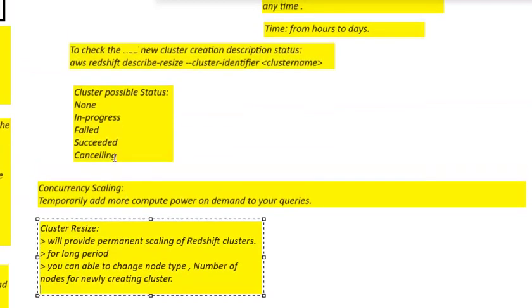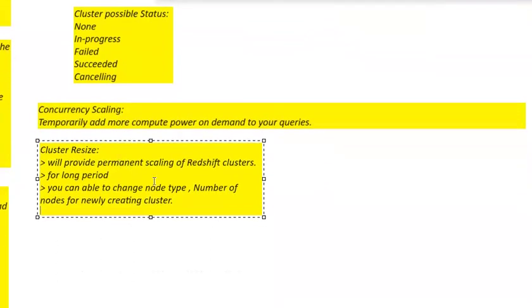Whereas in concurrency scaling, you don't even need that, because it will typically be adding compute resources. You can assume it automatically provides compute services inside your cluster. That means it automatically creates nodes inside your cluster. So when is cluster resize suitable?